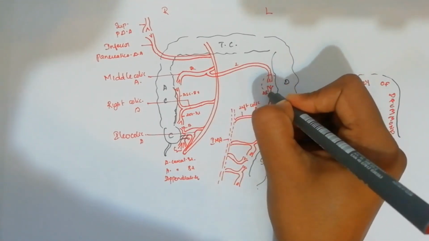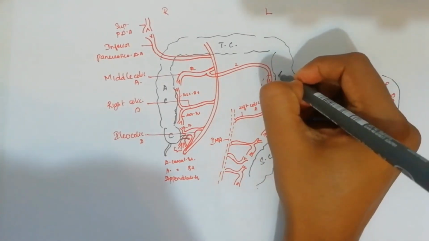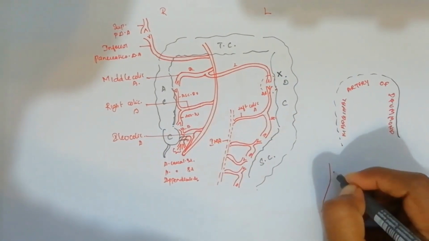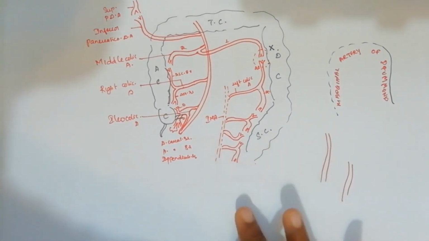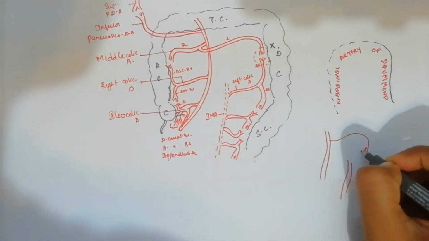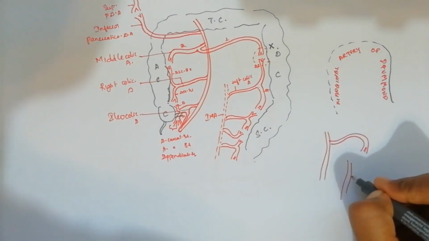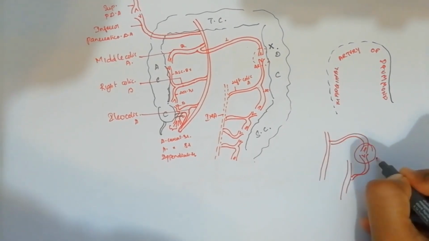If this anastomosis doesn't happen, we will be having some major artery from superior and inferior mesenteric, a direct arterial connection, an arterial tube connecting the superior, and the tube coming out from inferior mesenteric directly will get connected.